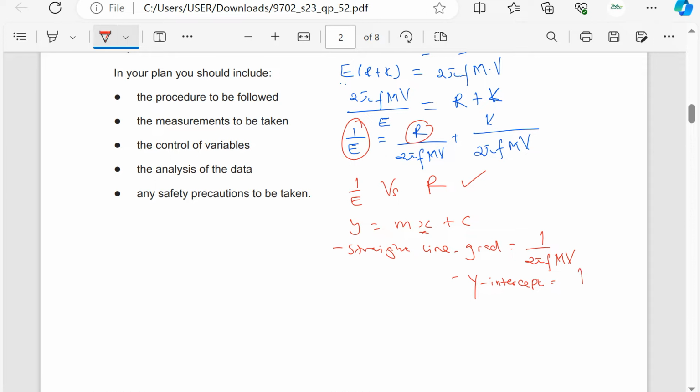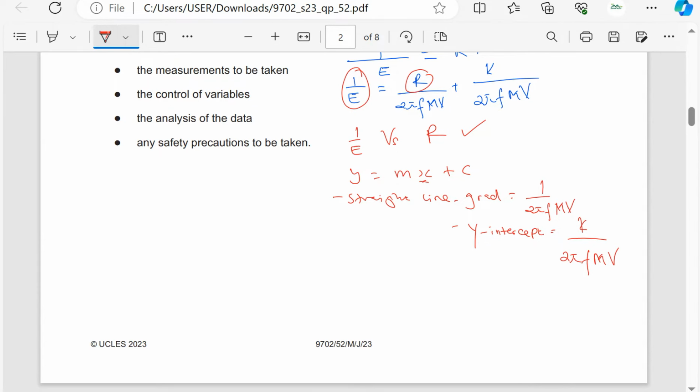C is going to be K divided by 2 pi F M V. Okay, then note that this is involving electricity, so you must suggest a safety precaution, how you will stay safe from being electrocuted by electricity or by current. So I think that is a skeleton of what I will be talking about.